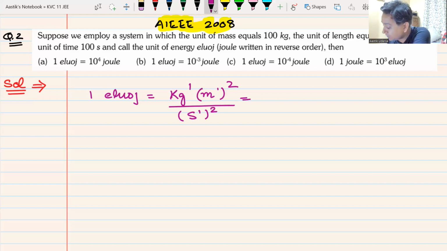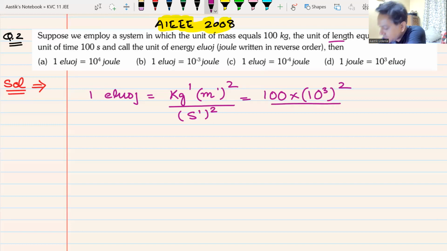I hope you remember this. New kg dash is 100 times of kg, 100 multiplied by the unit of length becomes 1 kilometer. 1 kilometer is 10 raised to the power 3 meters, so 10 raised to the power 3 square, divided by new second, which is 100 times of original second, 100 square, into original kg meter square per second square, which is my original joule.